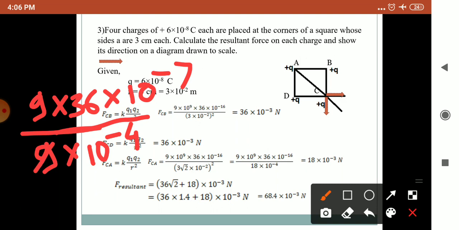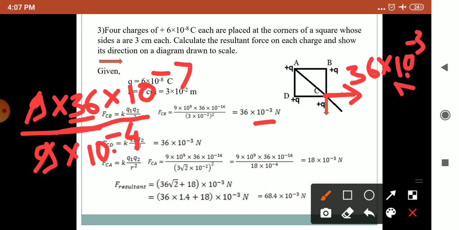This 9 will get cancelled, so the remaining part is minus 4 coming up here, that becomes 10 raised to minus 3 and 36. So the force along C to B, in outward direction, has magnitude 36 into 10 raised to minus 3 Newton, or you can write it as 36 millinewton.